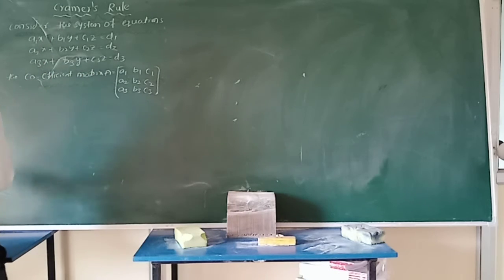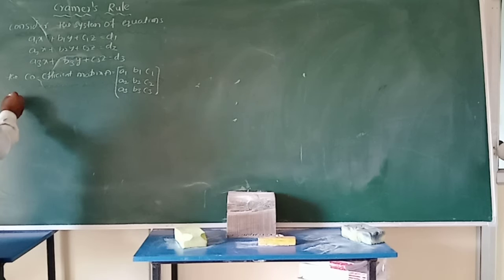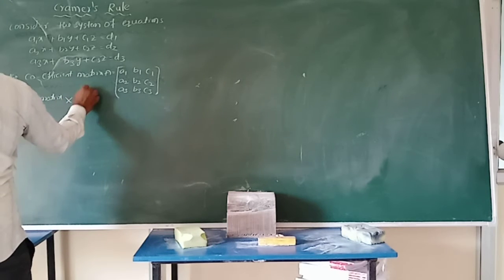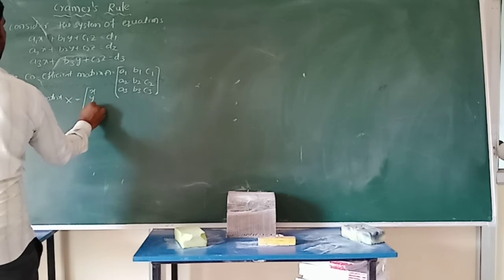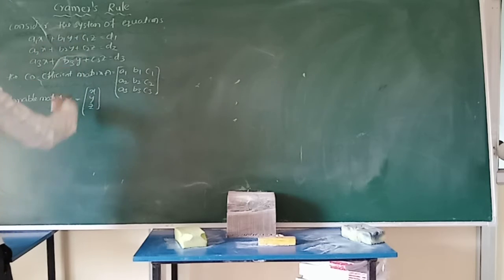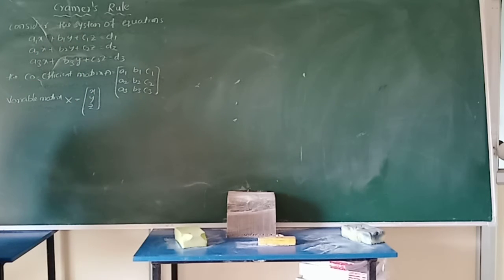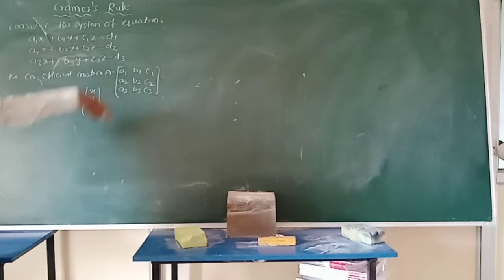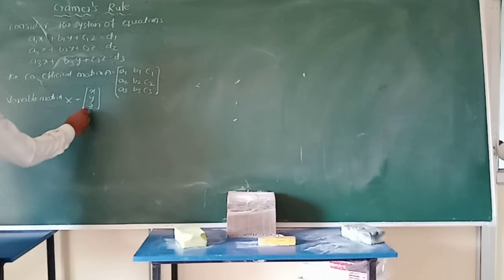Next, the variable matrix capital X is equal to x, y, z. This variable matrix is x, y, z. Now d1, d2, d3 is the constant matrix.